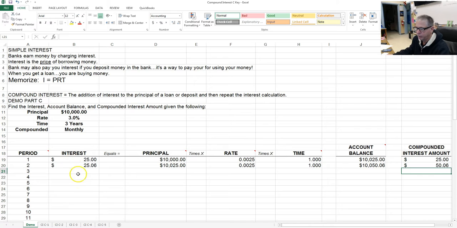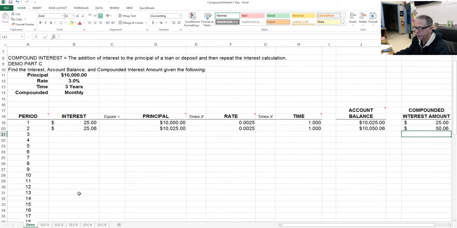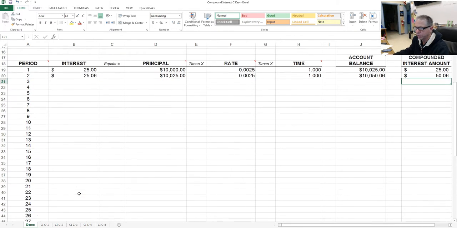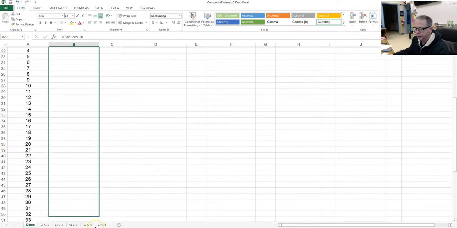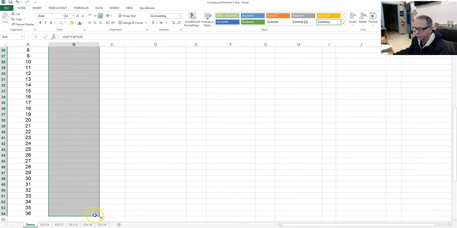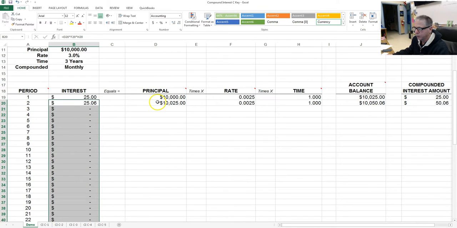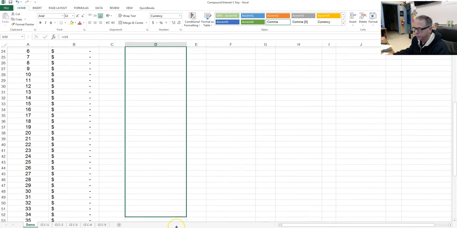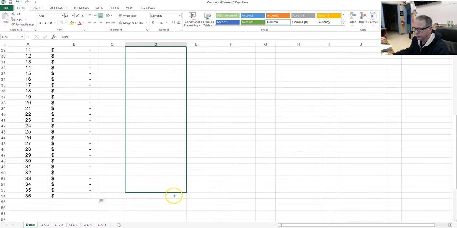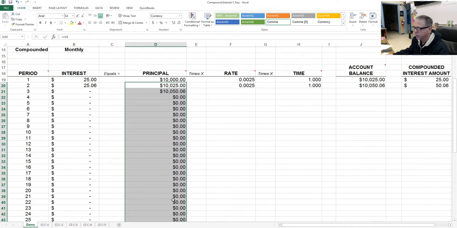So now we should be able to go ahead and start copying these formulas down. Let's see if it works out for us here. We'll start with the interest. Take this down to 36 periods. And the formula for the principal amount, 36 periods or 36 months.